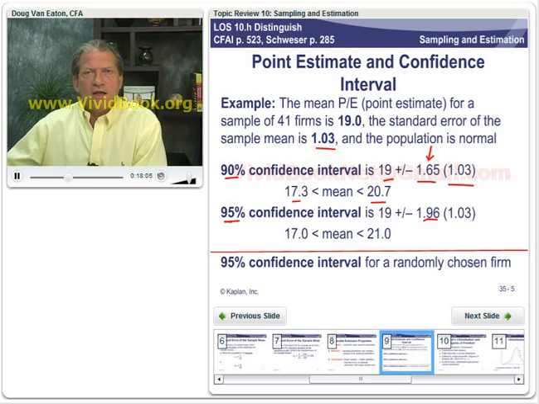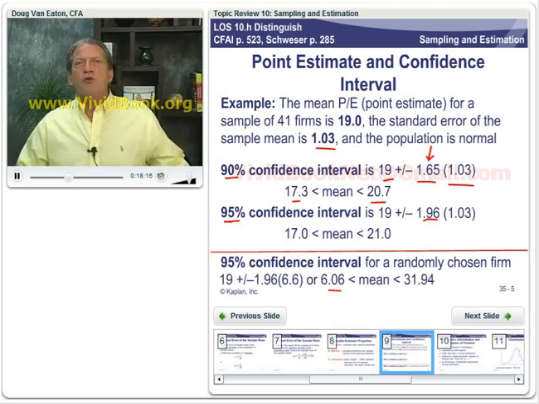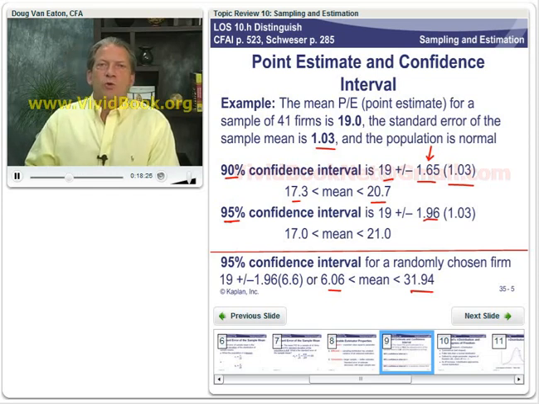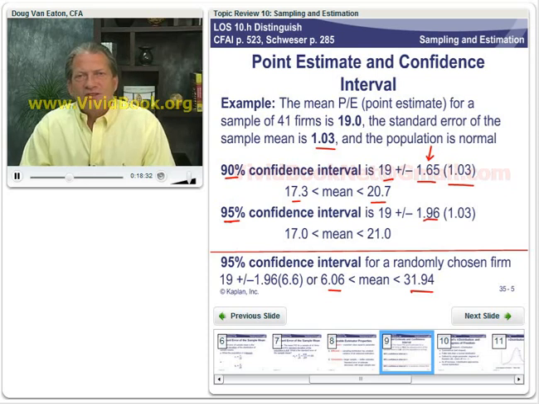And our 95% confidence interval for a chosen firm is right here. So if we took one firm at random and asked, what's the interval that 95% of the time the PE will be between those two values? Well, now it's 6.6 because that's the standard deviation of a single observation.